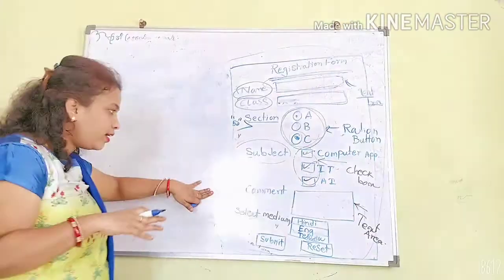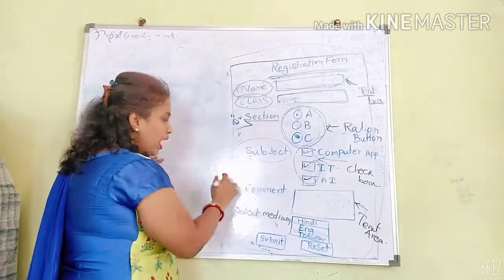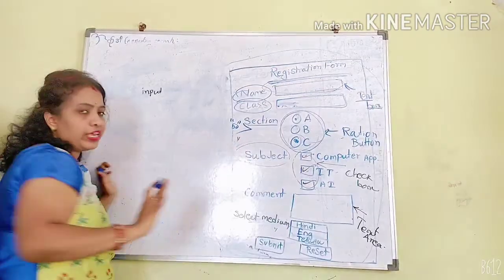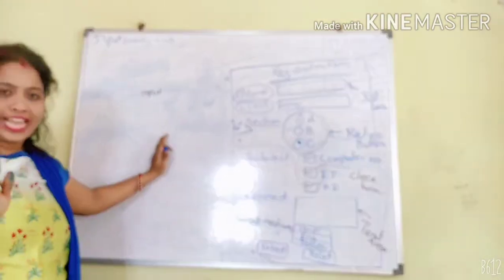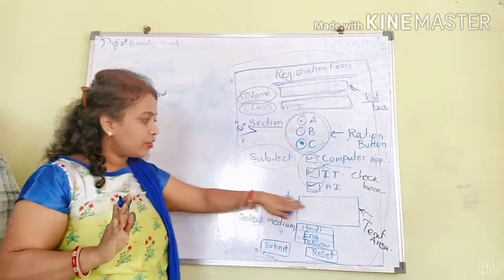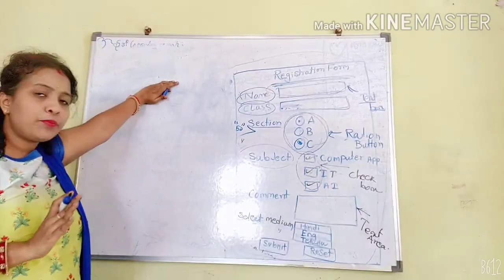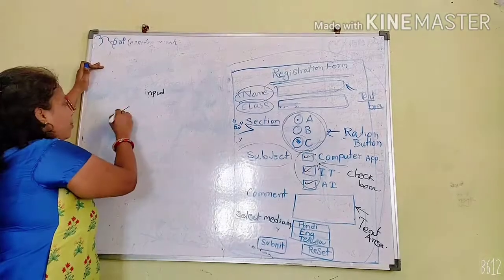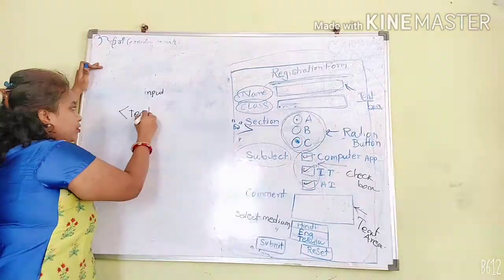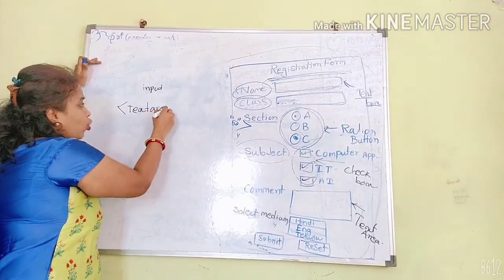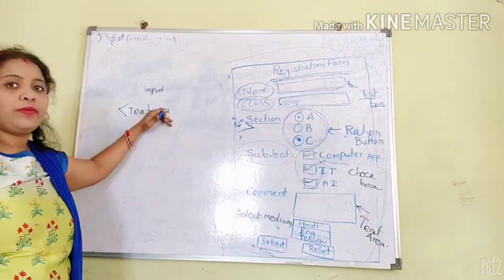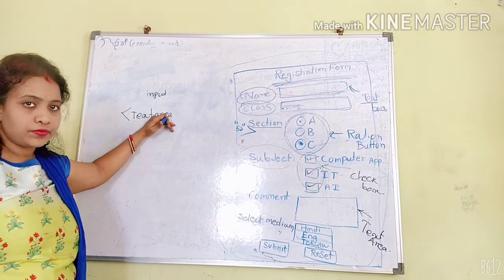Okay, and everywhere else I'm using the input tag, right? Clear? But here for the text area I'm not using an input tag. There is a tag named textarea. Students, don't be confused about capital and small letters, because HTML is not case sensitive.